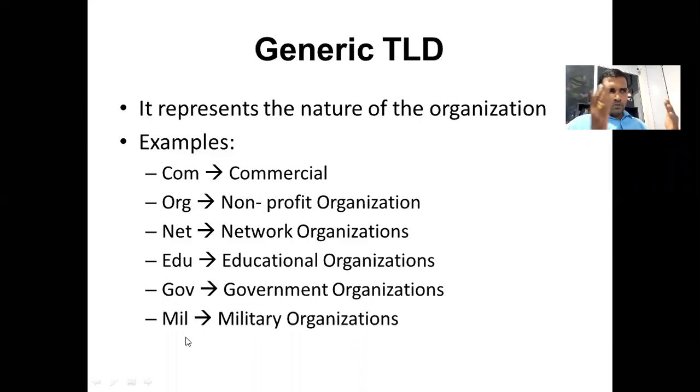Other countries use COM, ORG, NET, all of them are widely used, but maybe these three, EDU, GOV, MIL, are restricted within the United States of America up to now, right? Maybe it may be expanded in the near future, but still they are in one country. That's why we are unable to see any URLs with MIL as TLDs or GOV as TLDs in Sri Lanka, right?